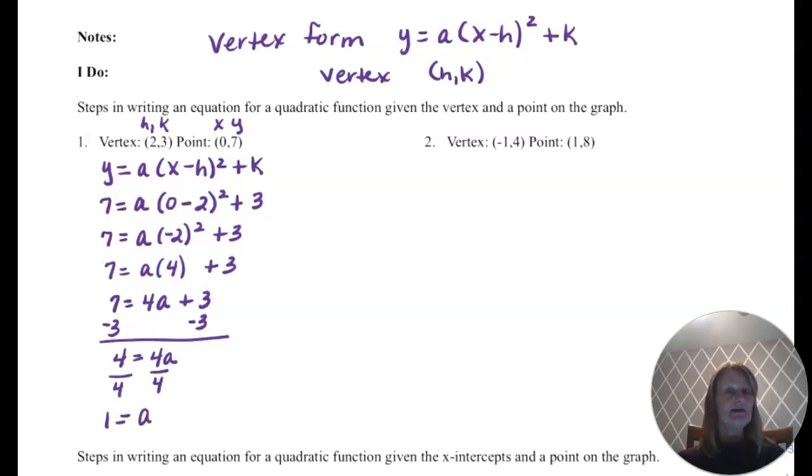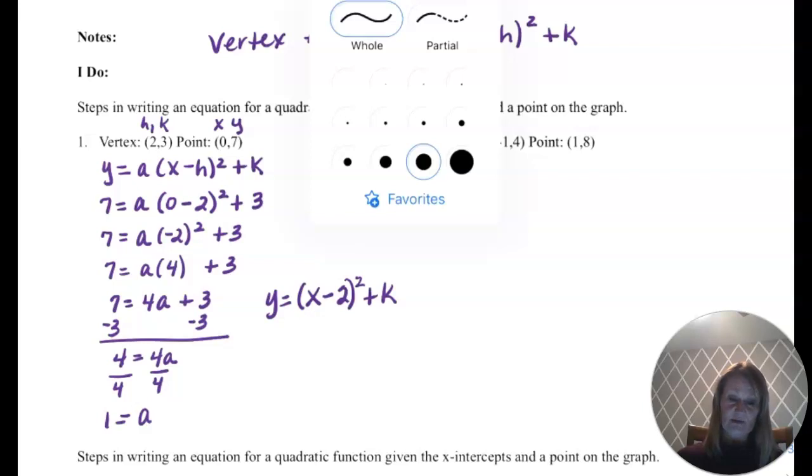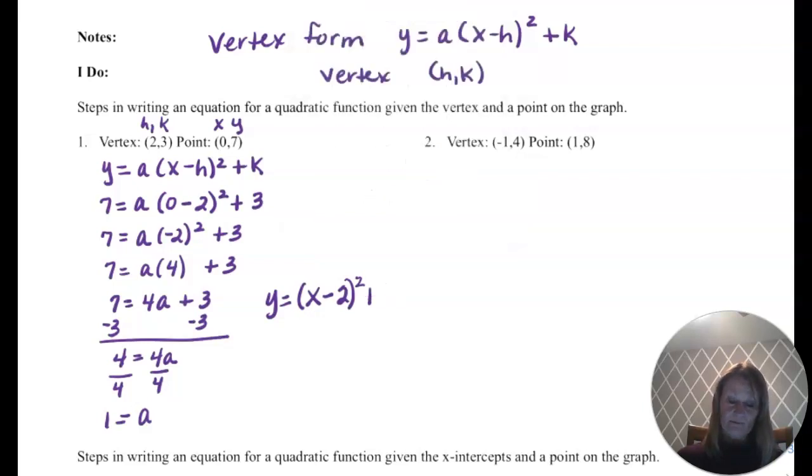But that's still not writing our equation. All that work was to just find what the a value was. To write my equation, y equals a, that's 1, times (x minus h) squared plus k. Whoops, I said k, but I meant to go for the number. Okay, plus, and the number for k is 3.